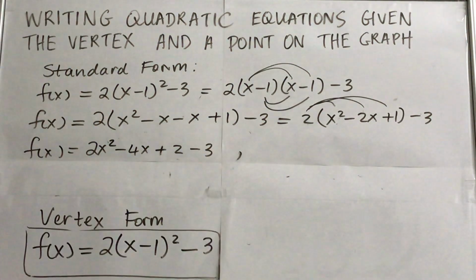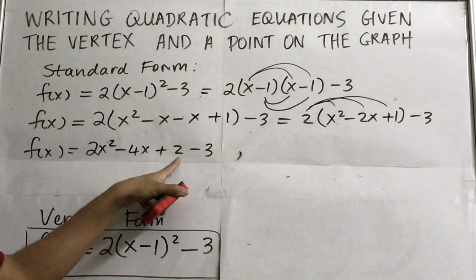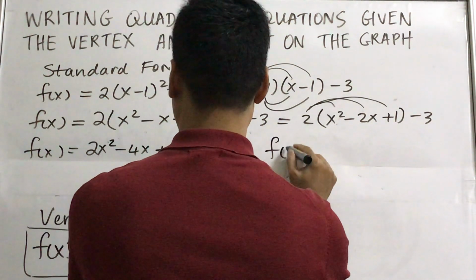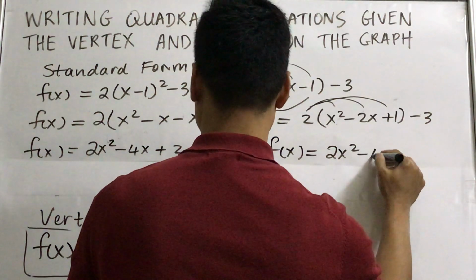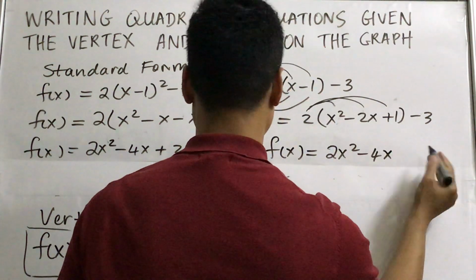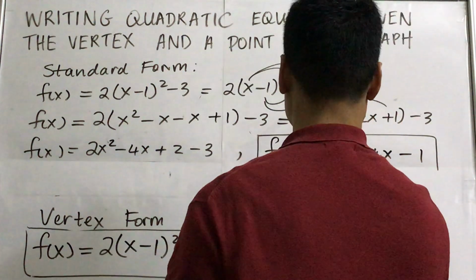And finally, do we have like terms here which we can collect? Yes, we can. 2 minus 3, is it -1 or is it positive 1? It's -1. Now this is your standard form.